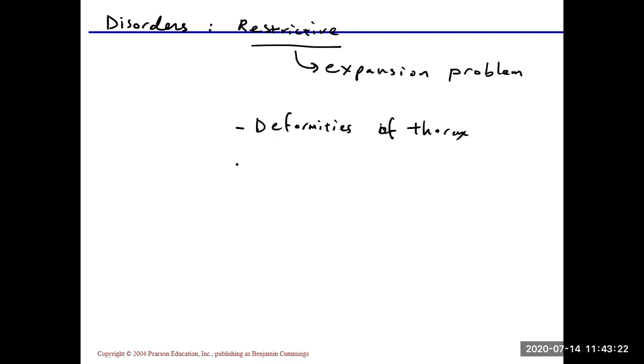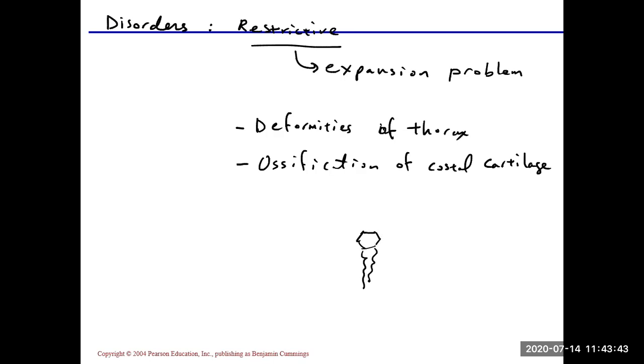Another problem of restrictive disorder could be ossification of the costal cartilage. So you have the ribs, and if you remember, over here you had costal cartilage, and over here you had the ribs.